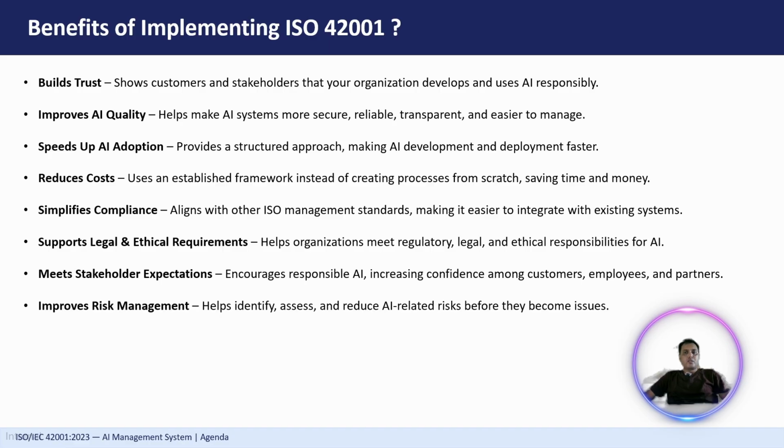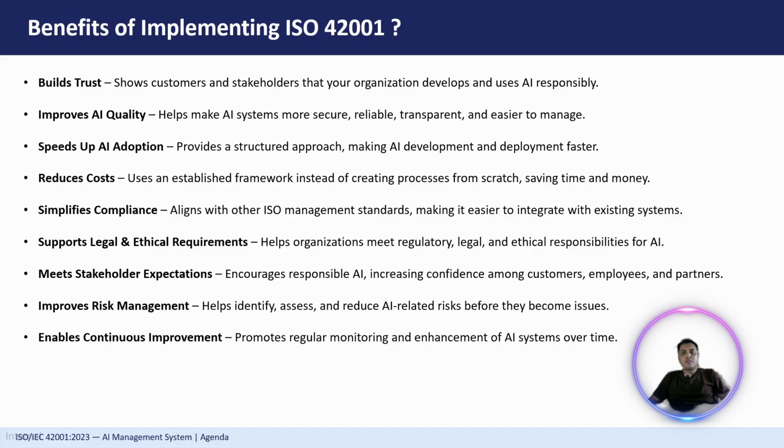Next is improve risk management. The standard provides a systematic approach to identify, assess, and reduce AI-related risks before they impact the organization or its users. So we have a structured process. Just by following that process, you will be able to easily identify and assess the risks, and identify the resolutions for them. The next is enable continuous improvement.